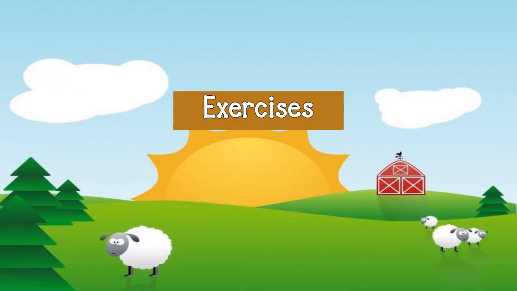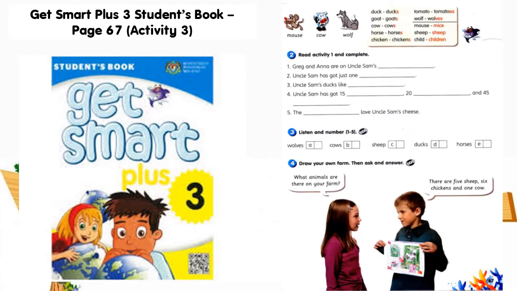Now, let's check today's task. Please get your Get Smart Plus 3 student's book, exercise book BI1, and your stationery. Now, turn to page 67 of your Get Smart Plus 3 student's book.